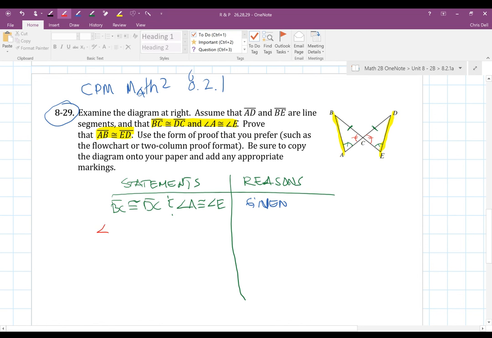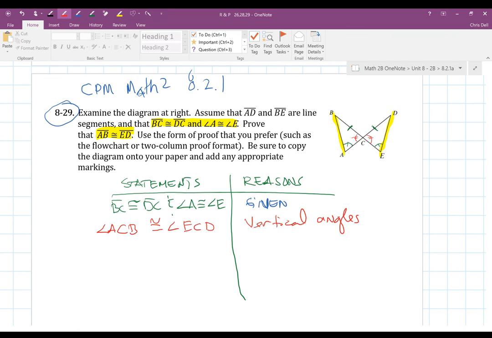So I'm going to say that angle ACB is congruent to angle ECD, because vertical angles. You just have to say vertical angles. They're vertical angles, so therefore they are congruent. We have a theorem about vertical angles, a property.